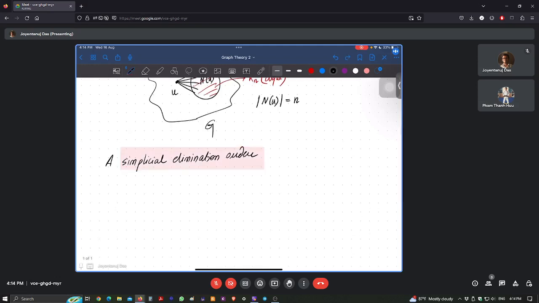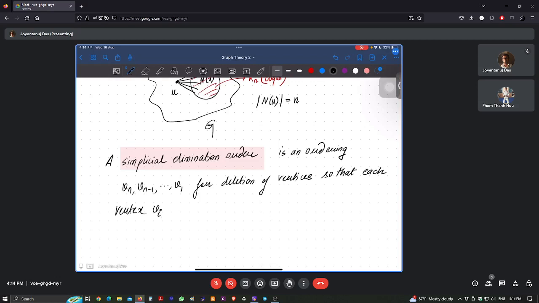A simplicial elimination order is an ordering of vertices, so let us write V_n, V_{n-1}, up to V_1, for deletion of vertices, so that each vertex V_i is a simplicial vertex of the remaining graph induced by V_1, V_2, up to V_i.